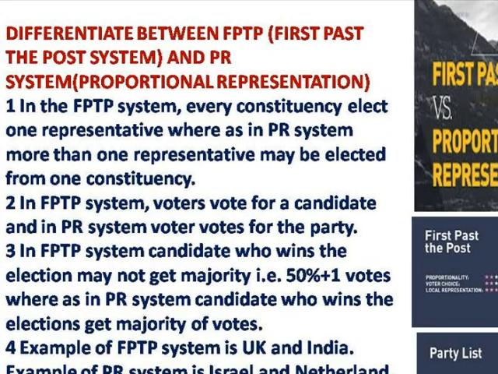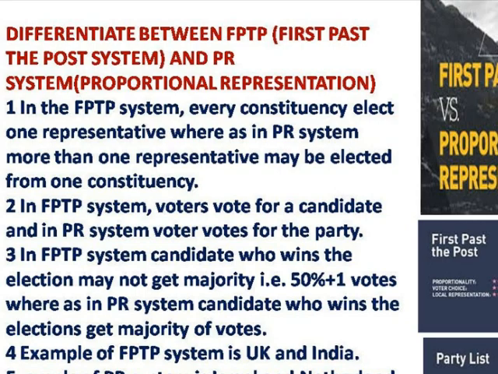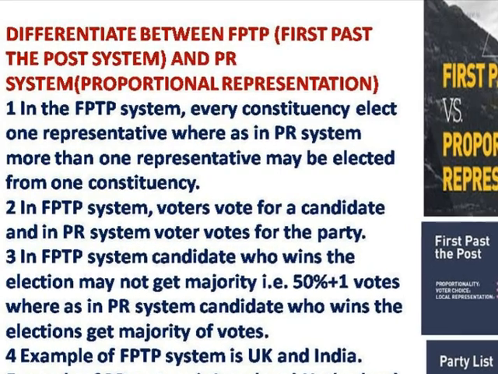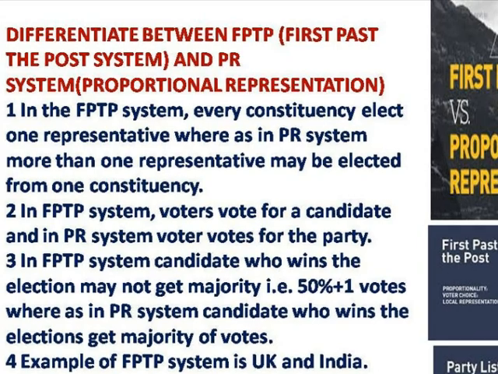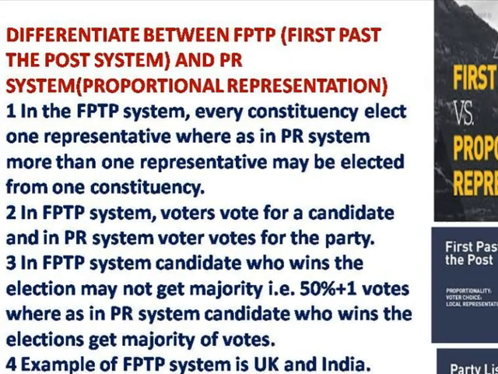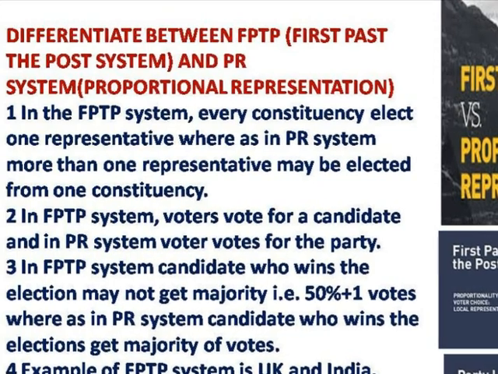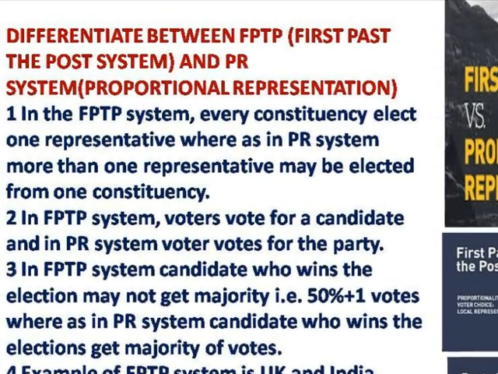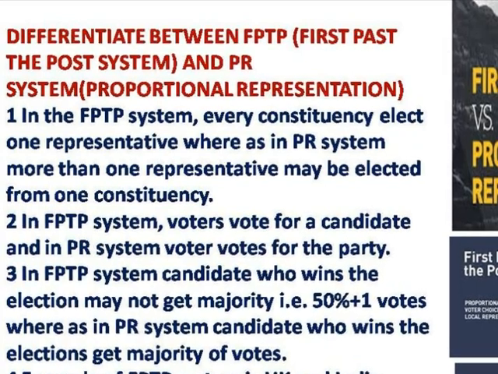In the FPTP system, the candidate who wins the election may not get a majority, that is 51% of votes, whereas in the PR system, the candidate who wins gets a majority of votes. Examples of the FPTP system are the UK and India, and examples of the PR system are Israel and the Netherlands.